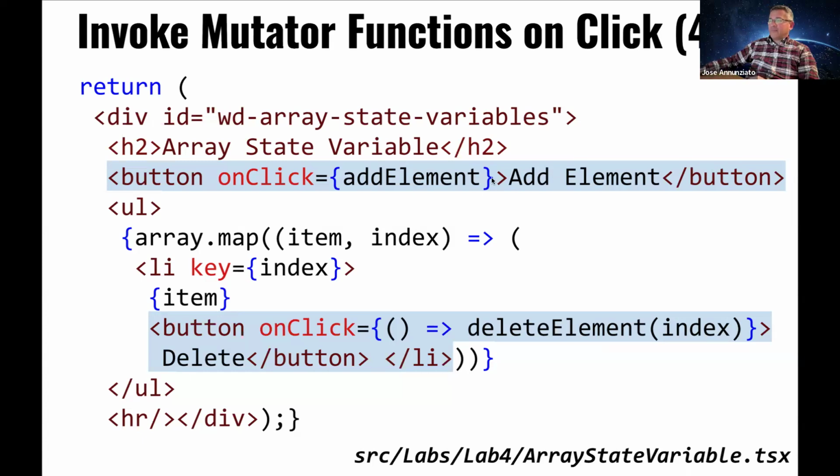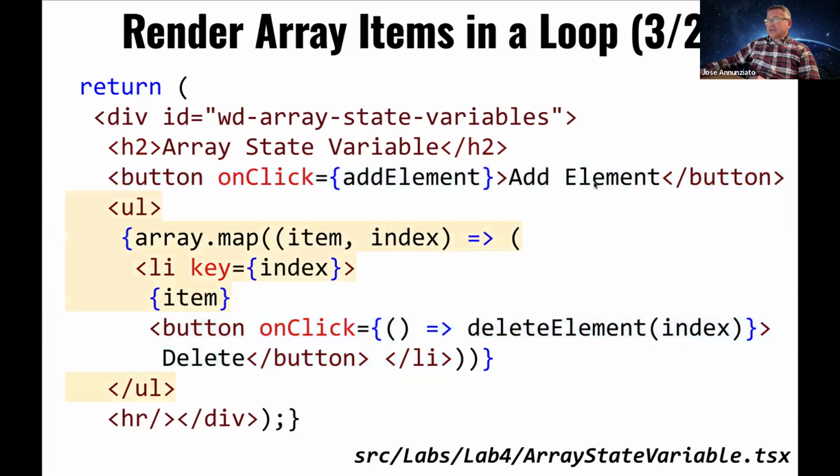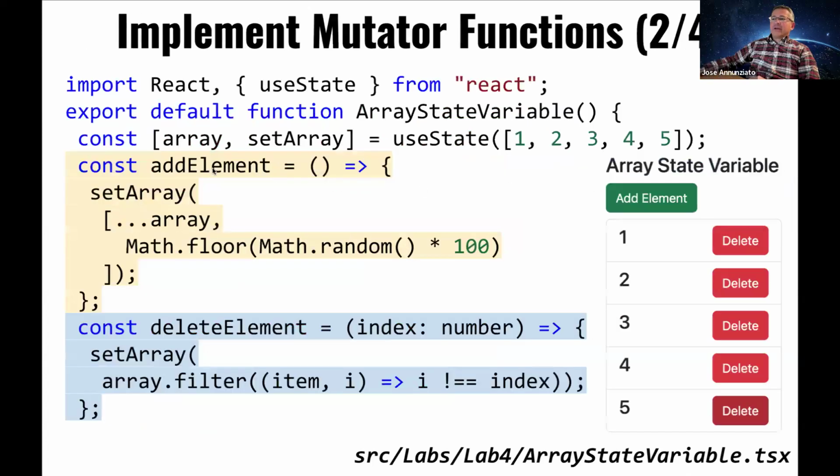I don't need to pass an array. I could just pass you a reference to the add element, which will be invoked when I click on the add element button. And what it'll do, it'll come in here and it will calculate a new math floor random value at the end of the array.